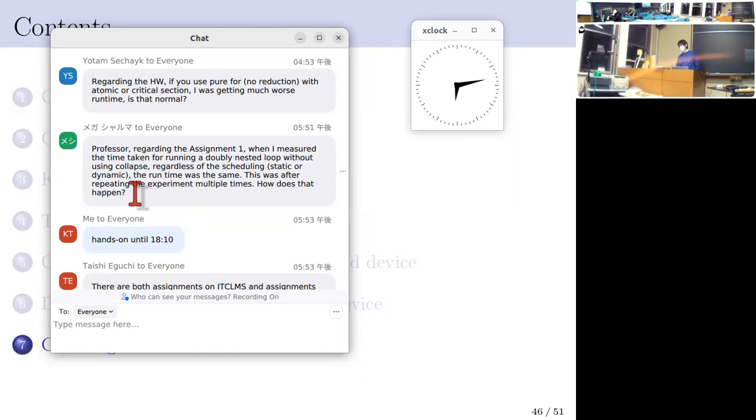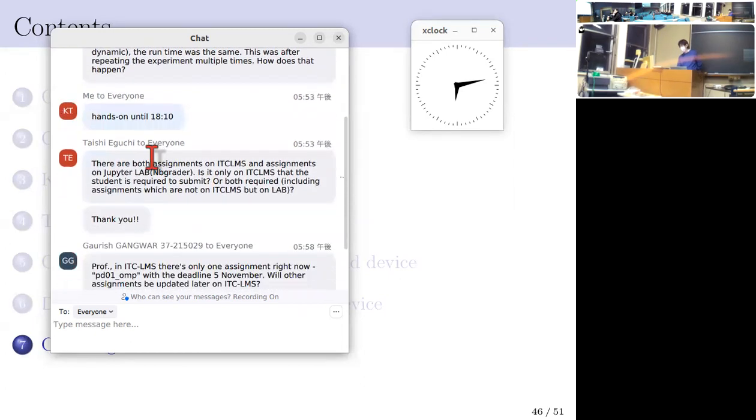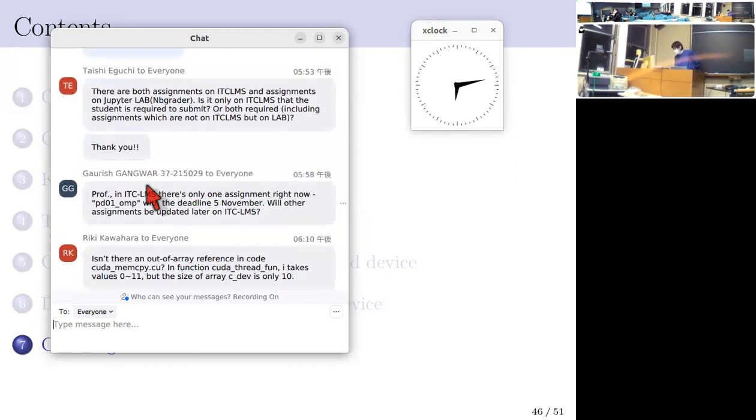I need to look into what exactly you did to answer this question. Generally speaking, it is not supposed to be the same across all the different scheduling policies. Yeah, I think I answered this question.